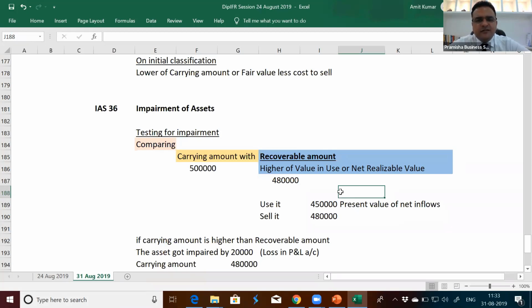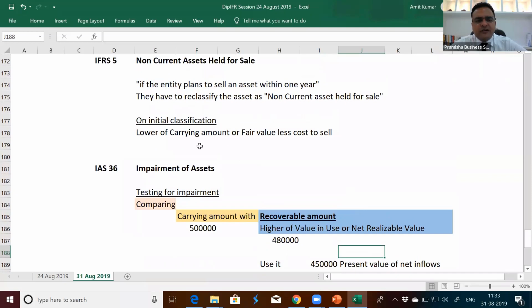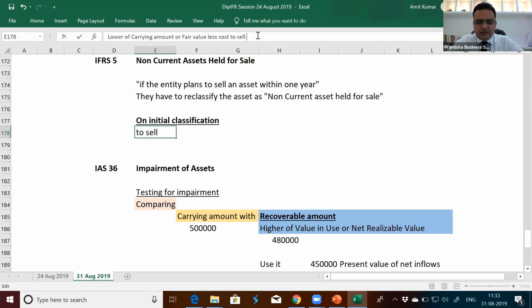If you are no more using it, the recovery can only be done through sale. Am I right? So in case of IFRS 5 non-current asset held for sale, on the date of initial classification, if you see, there is an automatic indirect impairment that we are comparing the carrying amount with fair value less cost to sell. Fair value less cost to sell is actually net realizable value.